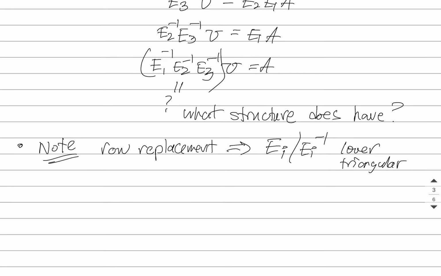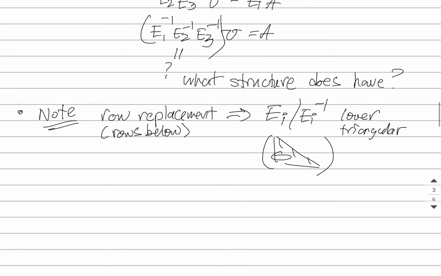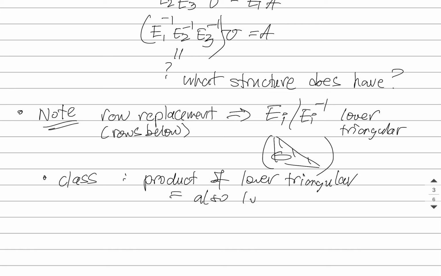So every one of these row replacements, if you're replacing rows below, the thing that happens in the forward substitution, that's the type of replacement you're going to do. You're always going to create zeros below your pivot. Every one of these is a lower triangular matrix. So it will look something like this. It will have ones on its diagonal and some non-zero number below. Now in class, I already proved to you that a product of lower triangular matrices is a new lower triangular matrix.